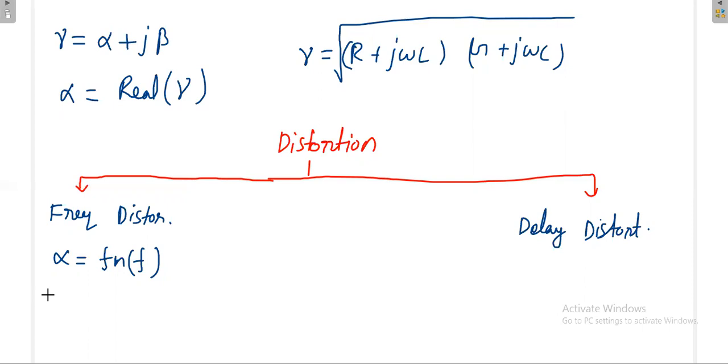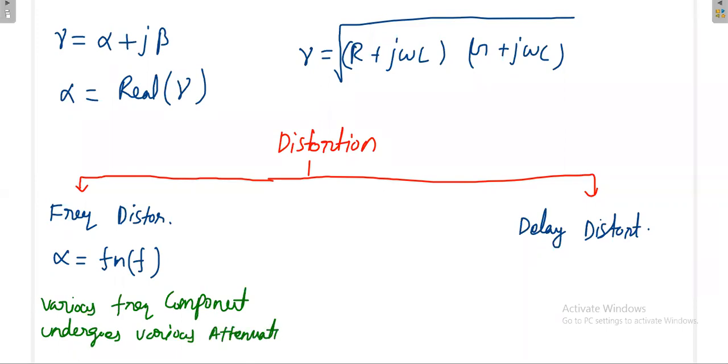If the different frequencies undergo different gain, that is called frequency distortion. That means various frequency components undergo various attenuation.